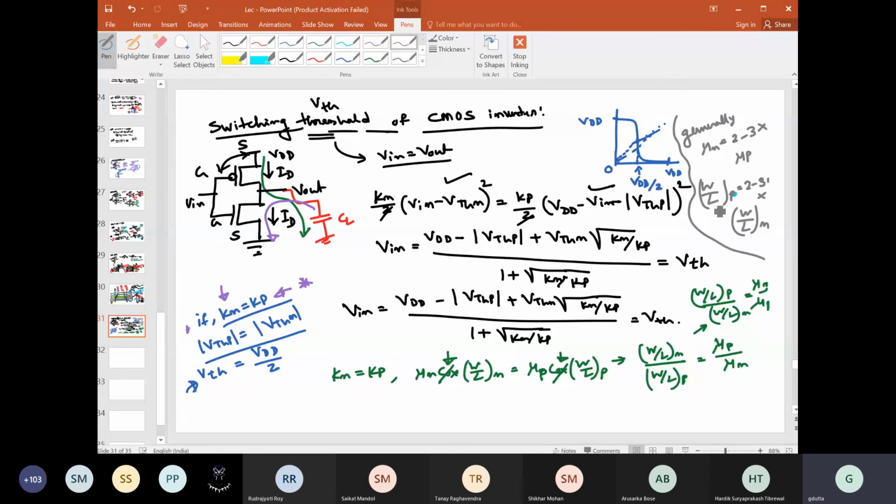I can also reduce the L for this PMOS, keeping W constant. You can think in that line as well. But generally for fabrication, L is mostly constant, and we will consider L as the minimum gate length for that particular technology. So L is constant for both PMOS and NMOS.